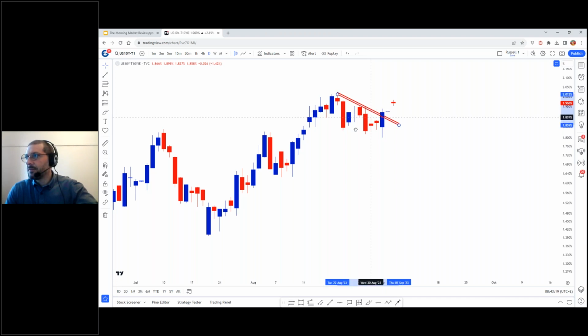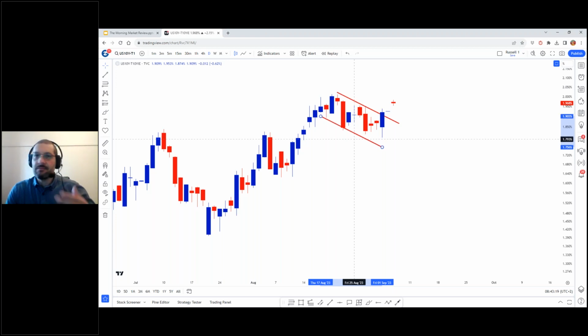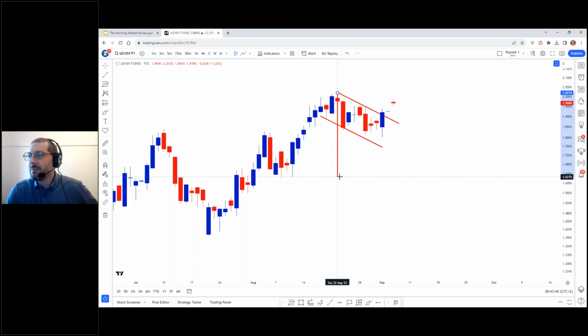There we go. Okay, so you can see a flag pattern. A flag pattern is a continuation pattern, so the trend going into the pattern is assumed to continue if there is an upside breakout. It does look as if there's been an upside breakout.